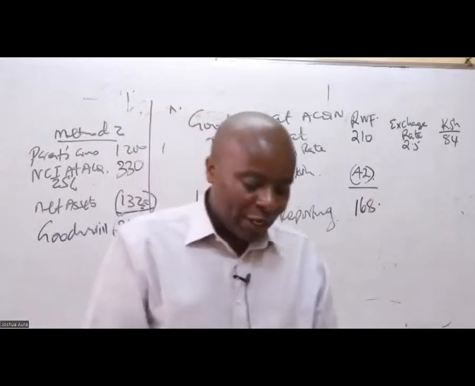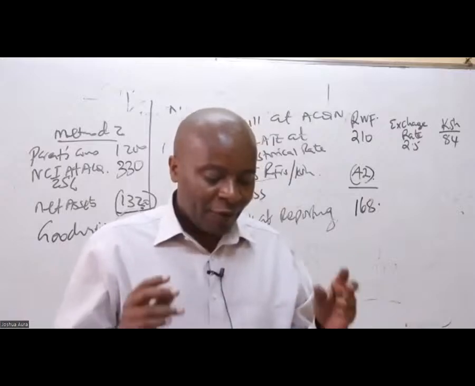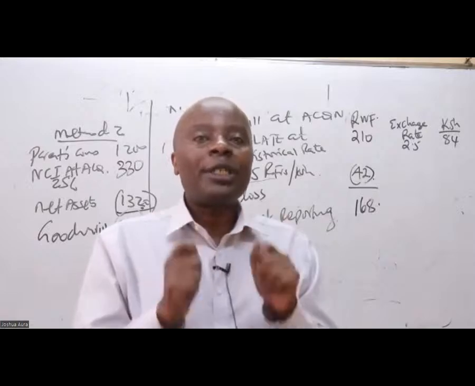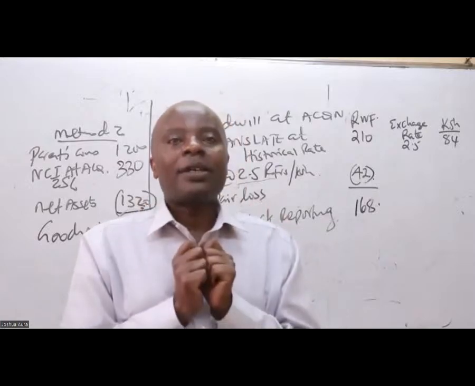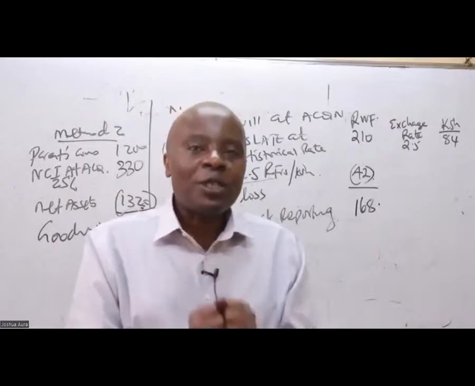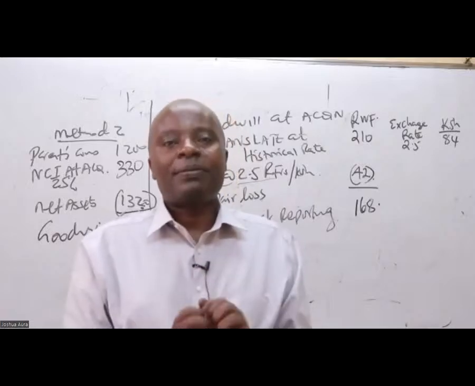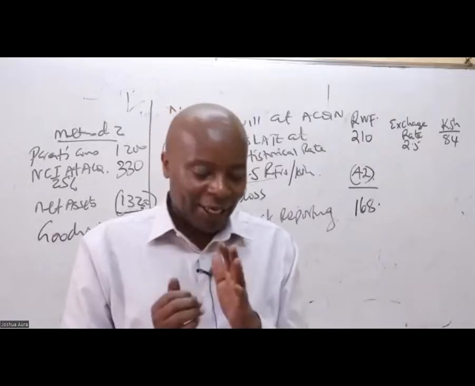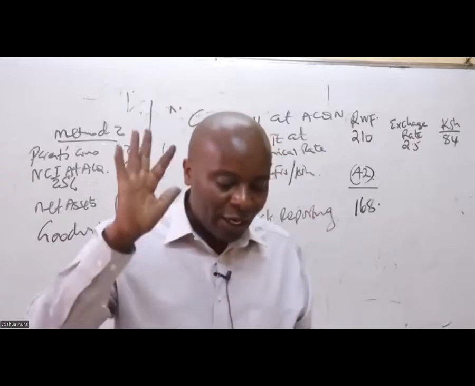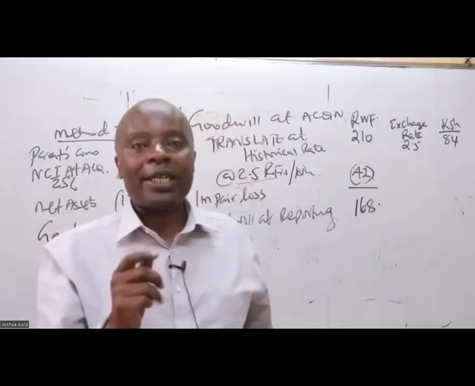Now, I would want you to do me a favor. I would want you to outline 4 disclosure requirements for a reportable segment under IFRS 8. I repeat again: outline 4 disclosure requirements for a reportable segment under IFRS 8.